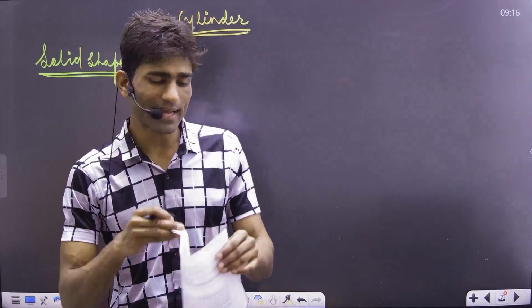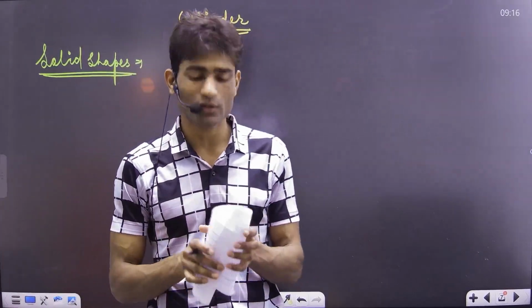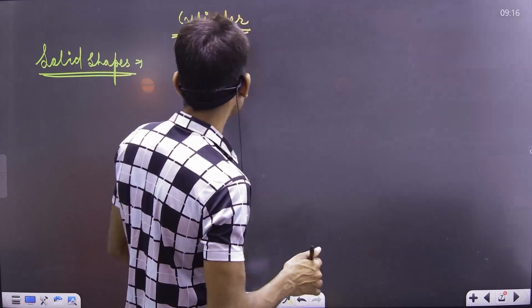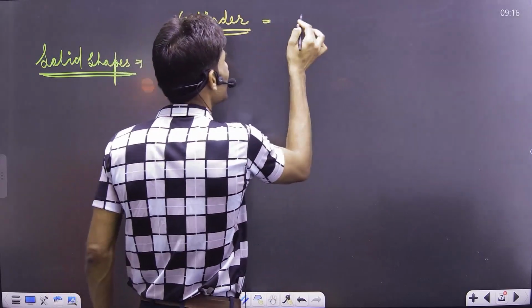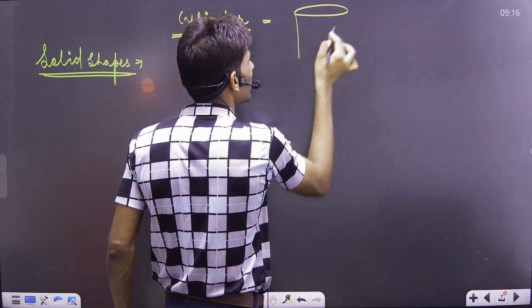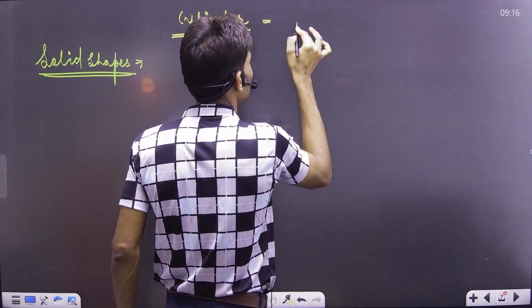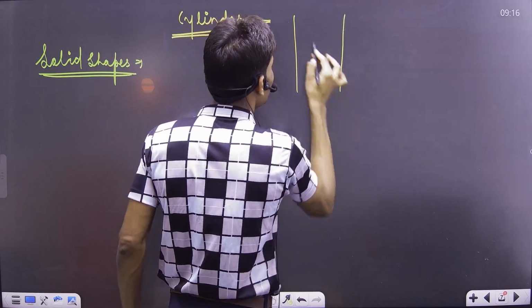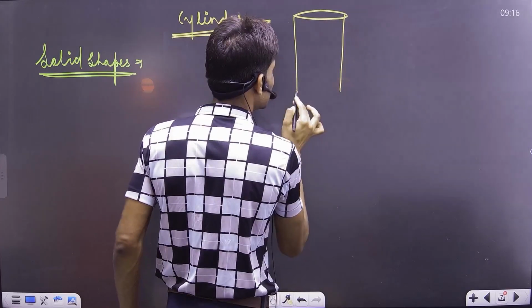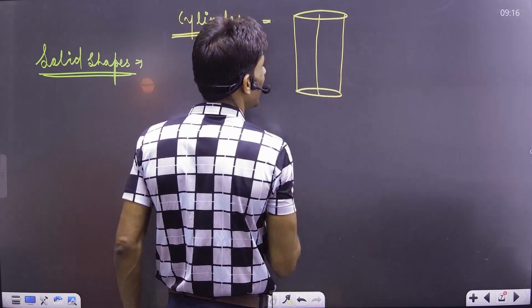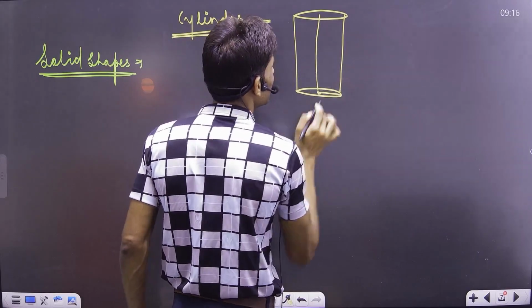What do we mean by a solid cylinder? We know that our cylinder looks this way. This is our cylinder. This is the height of our cylinder, and this is the radius of our cylinder.